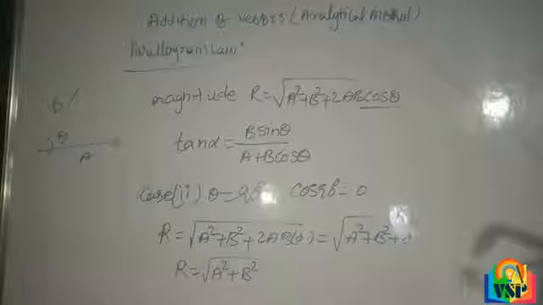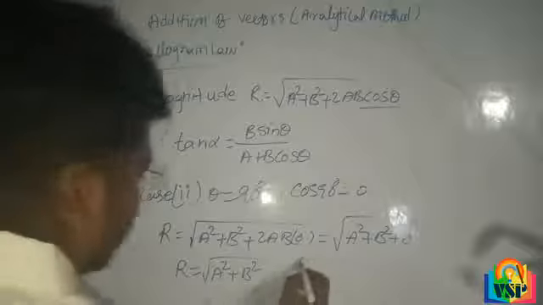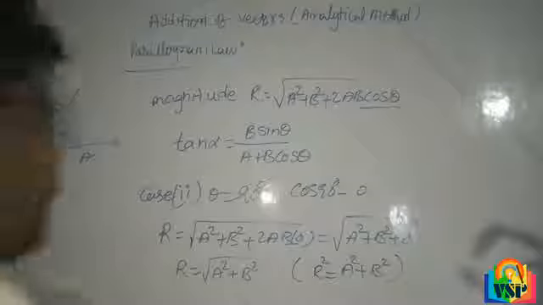Based on the Pythagoras theorem, we can write R square is equal to a square plus b square. This is case 2.